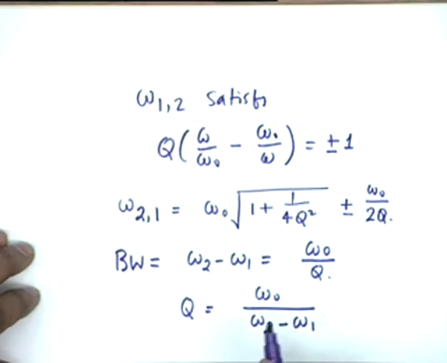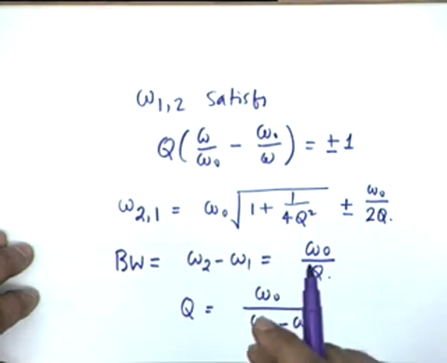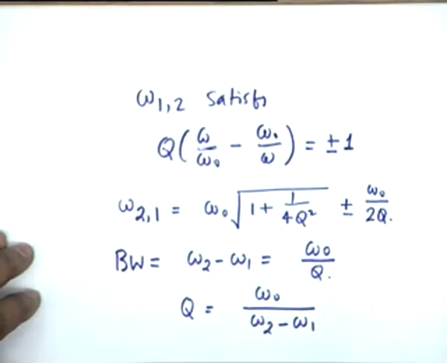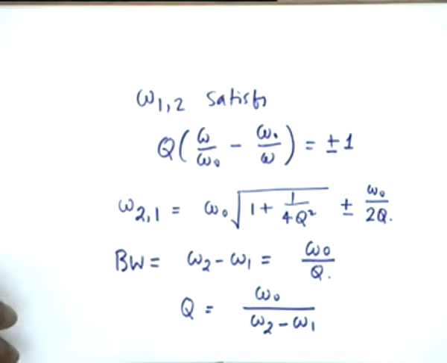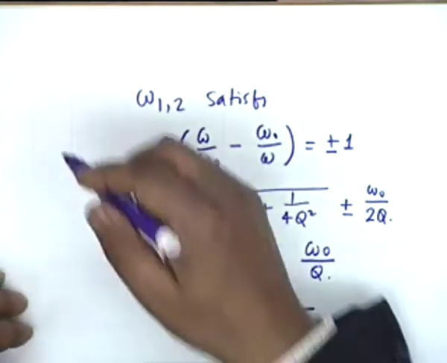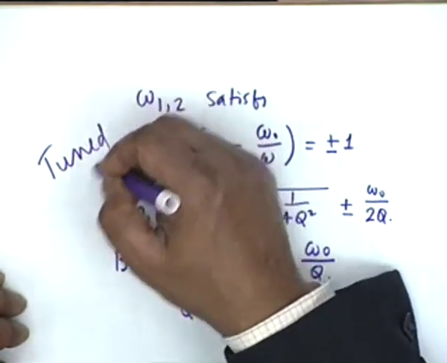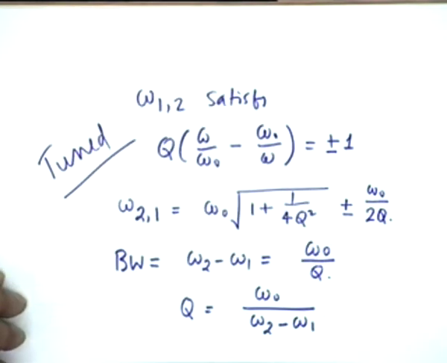So if you want a sharp resonance, for example, you want to pick up one particular station from all possible stations which are radiating upon your antenna, then your tuned circuit, or the resonance circuit, is also called tuned circuit, has to have a Q which is very large. A Q of the order of 10 in practice usually suffices.